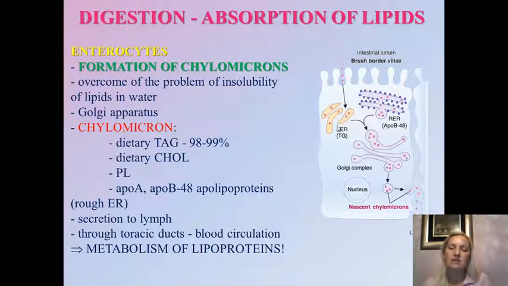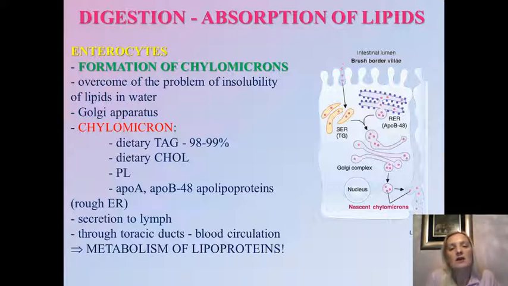So the smooth endoplasmic reticulum is responsible for the resynthesis of 3-acylglycerol. The rough endoplasmic reticulum is responsible for the synthesis of those apolipoproteins. And the Golgi complex combines all those synthesized products to form the chylomicron. So a chylomicron consists of dietary 3-acylglycerols.